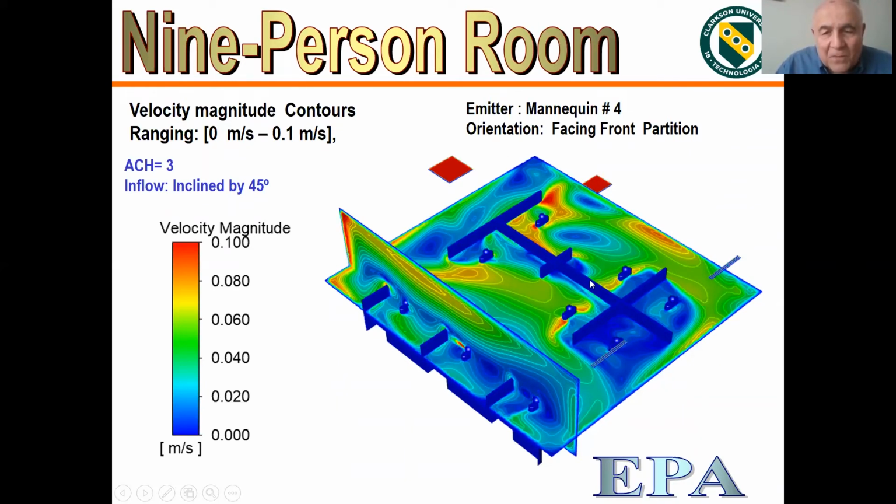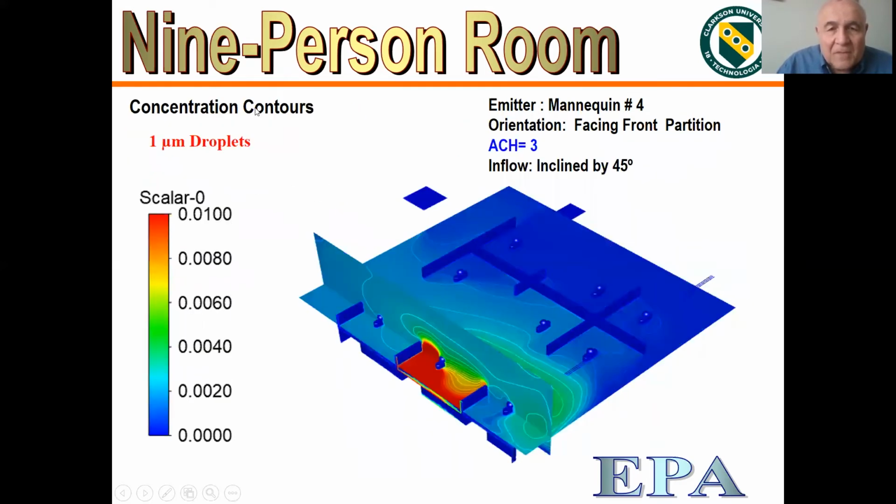This is the flow field, mostly generated by the air conditioning system, of course, and this is an air change rate of about 3. Then we looked at the particle size distribution, assuming this person emits 1 micron particles, and the concentration at the mouth of the emitter is 1. So these are fractions of the concentration that's seen in the room.